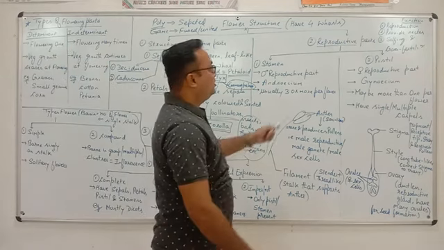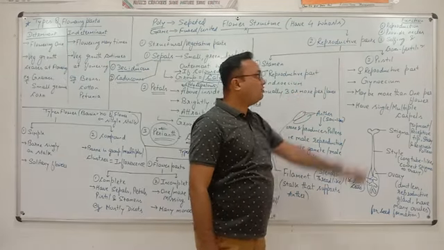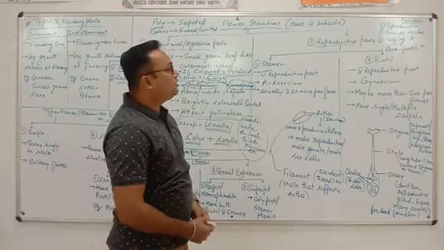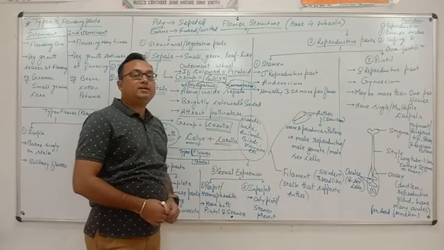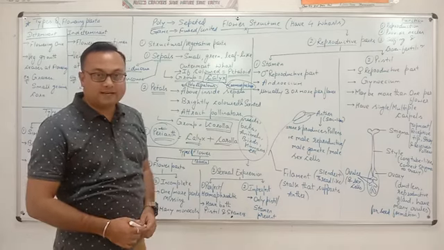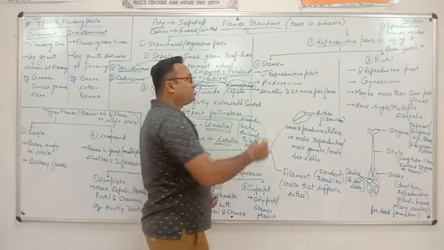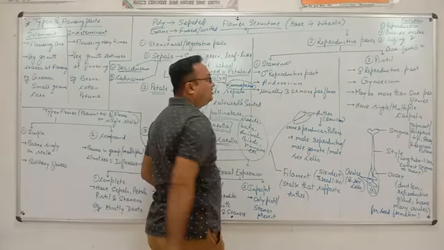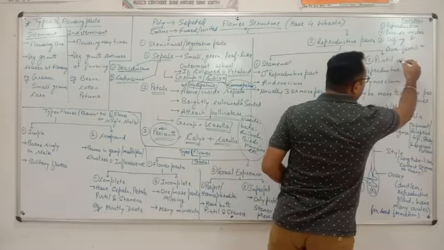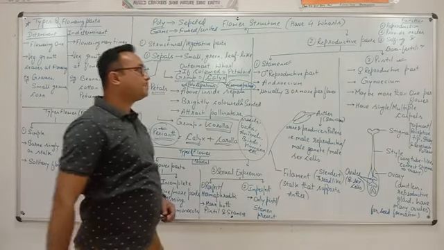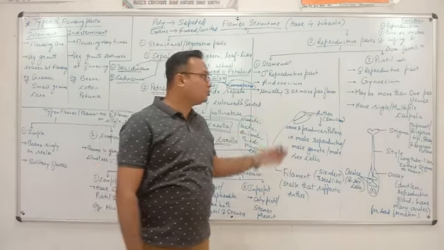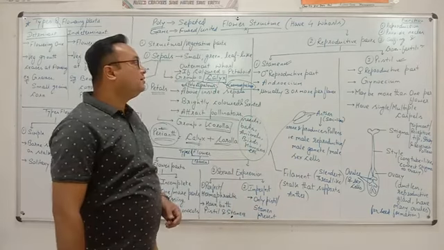Now we discuss the reproductive part of the flower. Reproductive parts can be divided into generally two major categories. First is stamen and another structure is pistil. We will discuss these two structures one by one.